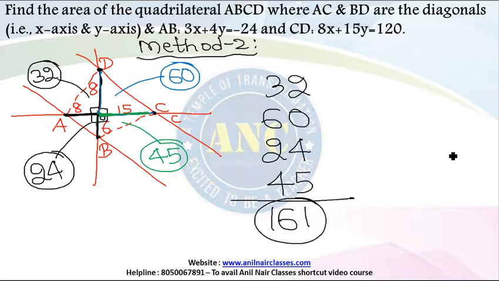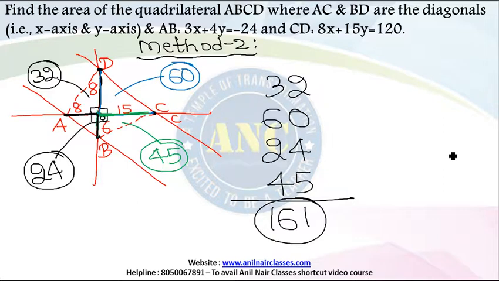As I keep telling in so many of my classes, my role as a teacher is to teach you multiple directions. Your role as a student is to pick up the direction whichever you are comfortable. I hope the idea is very clear with whatever we have discussed in the last few minutes of our class. We discussed the intercept form of a line, and I told that B and C are both absolutely the same notation. Do not get confused.